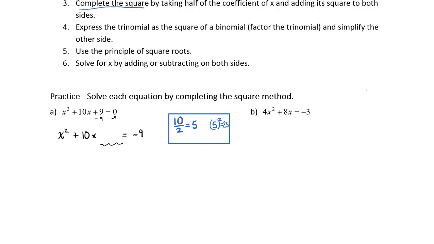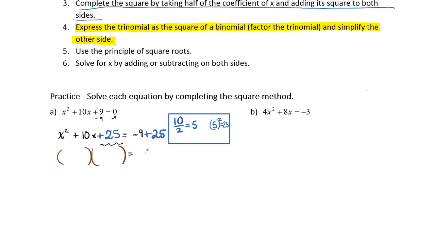So in step 3, it says complete the square by taking half the coefficient of x and adding its square to both sides. So now we're going to add that to both sides. Once we've added it to both sides, we express the trinomial as the square of a binomial. Basically, you're factoring it on the left side because we've now forced it to become a perfect square trinomial.